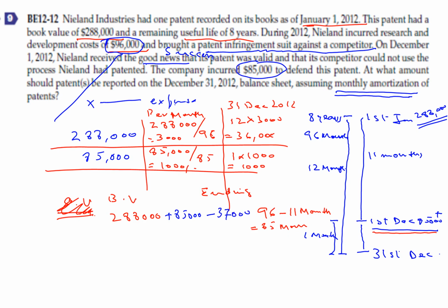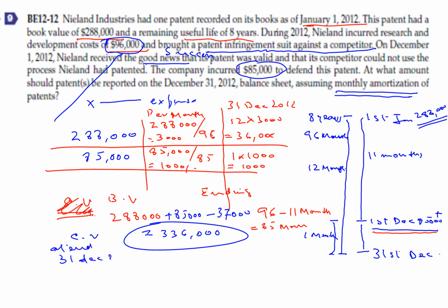I hope I'm right with this. Let me see the solution as well to get it verified. Yeah, I'm right with this. So this works out to be 85 minus 37 plus 288,000, which is 336,000. So this is the carrying value that is to be reported at the end of 31st December 2012.